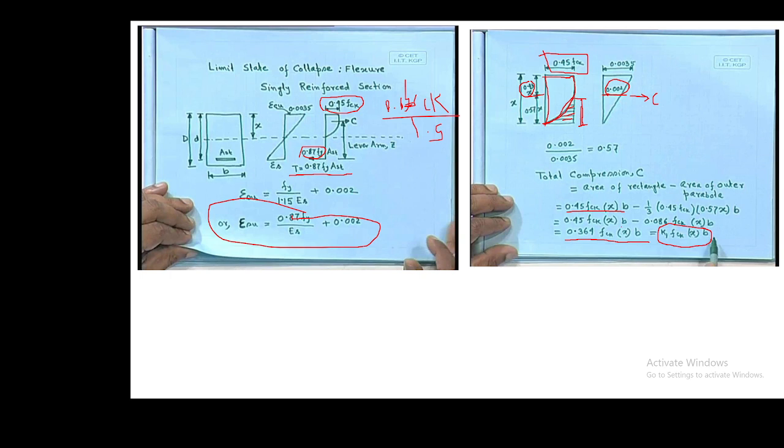So now, can you tell me what this K value will depend on?